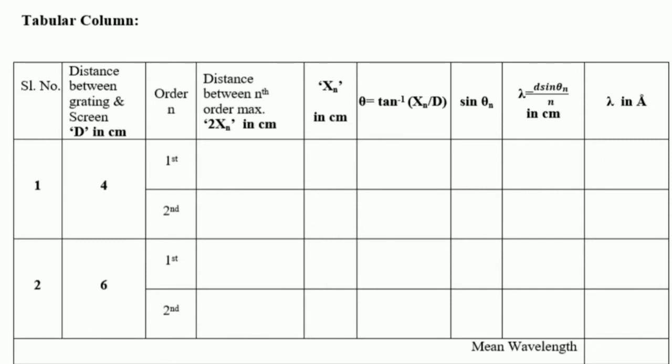This is 2xn, taken on both left and right hand side. Reduce it to one side, then it becomes xn, in centimeter. Then we calculate the bending angle theta equal to tan inverse of xn divided by capital D. Then sin theta, then lambda is d sin theta by n. This is in centimeter, then we will convert lambda into angstrom units.